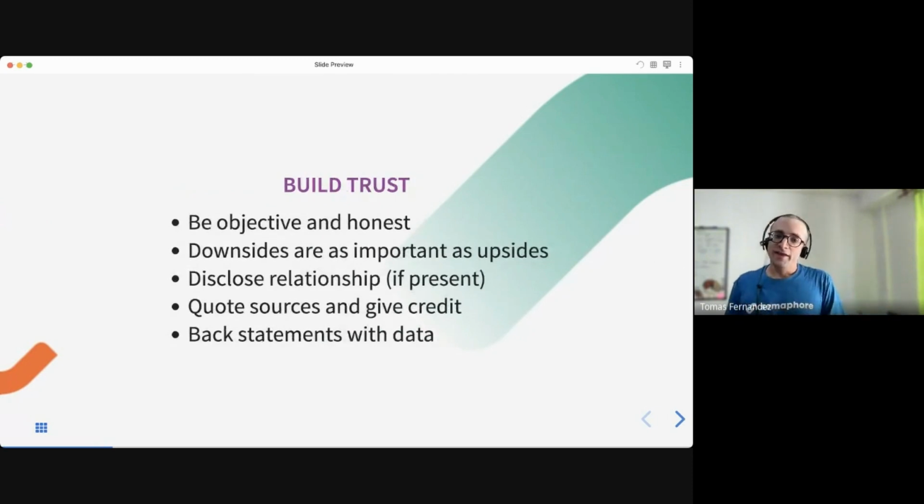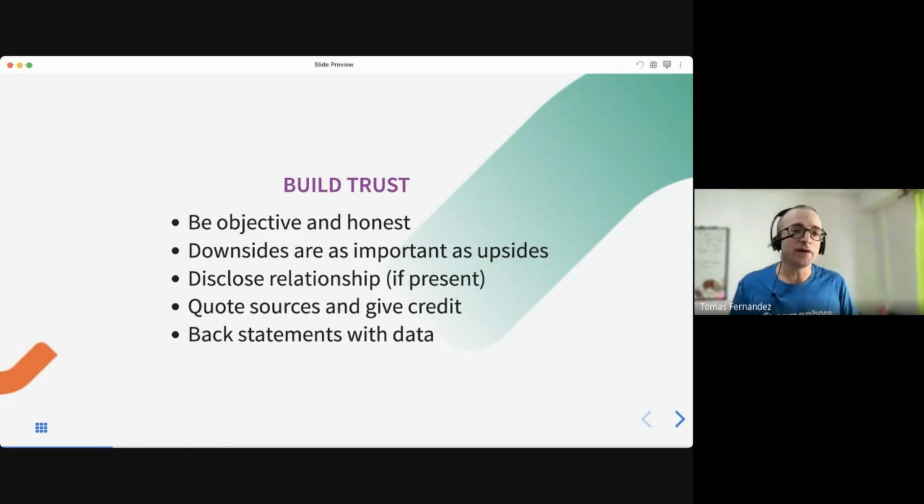The other thing that I think is important is that we are kind of tired, I guess, of people trying to sell us stuff, just saying that everything is marvelous and this product will solve everything. I think we can make a difference by building trust, by being objective, by being honest, by saying the pluses and the cons and the negatives.